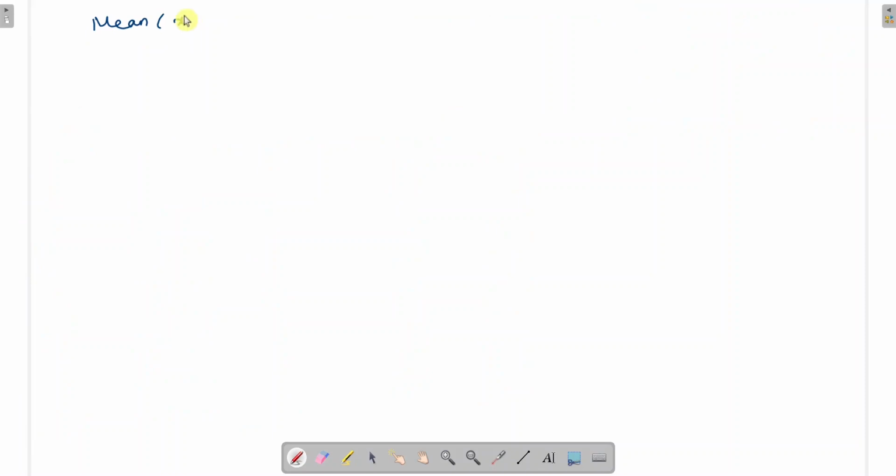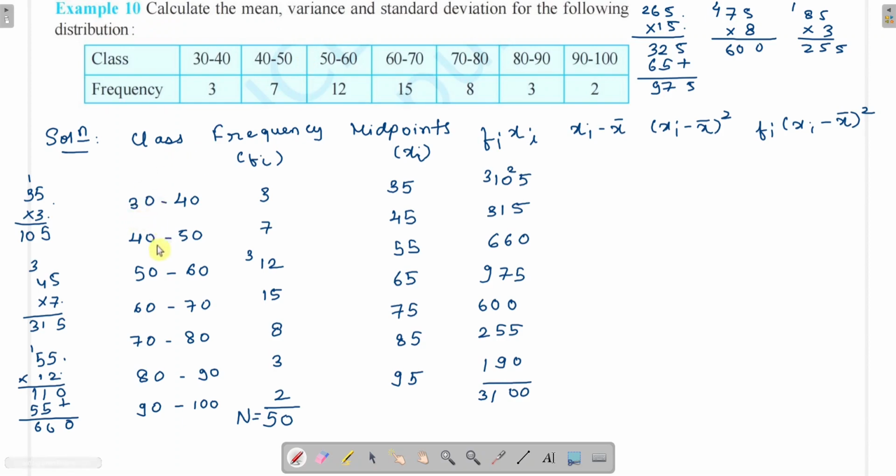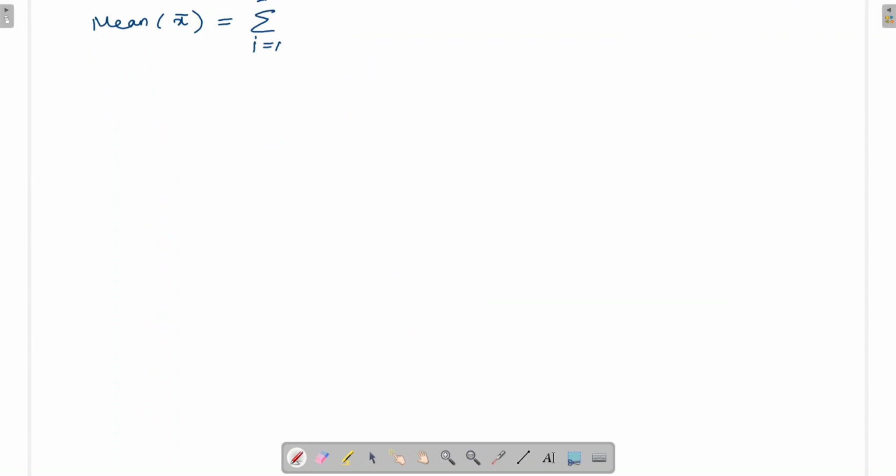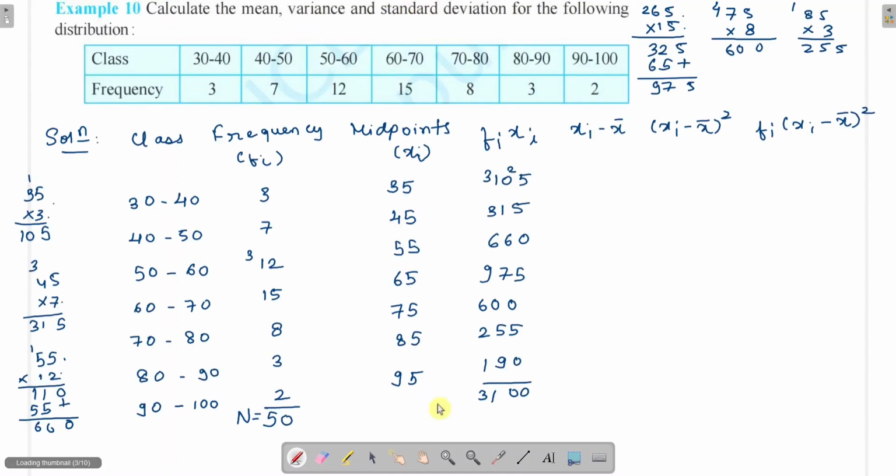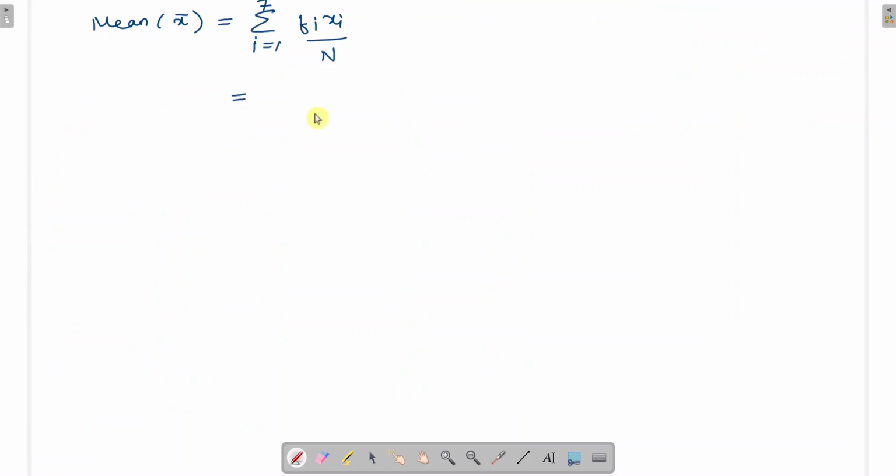So mean x bar is equal to summation i going from 1 to, so how many values are there? 1 2 3 4 5 6 7. So summation i going from 1 to 7 fi xi divided by capital N. So that means summation fi xi is 3100 divided by N, that is 50.